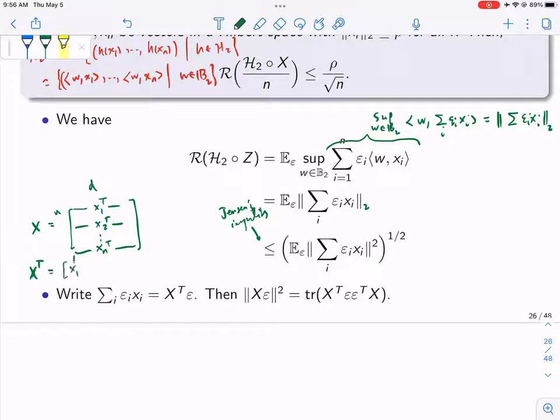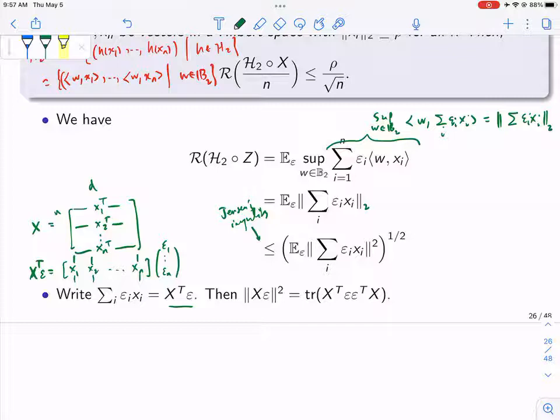Here it's a matrix. So X transpose has columns x1, x2, up to xn. If I multiply this by epsilon, which is epsilon1 up to epsilon n, when you multiply a matrix by a vector on this side, you effectively compute the linear combination of the columns with these weights. So that quantity can be written as X transpose epsilon.